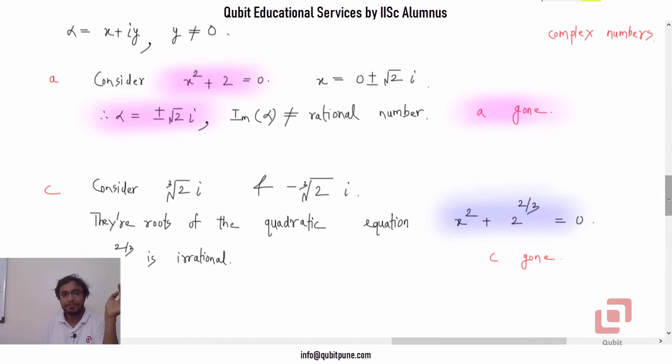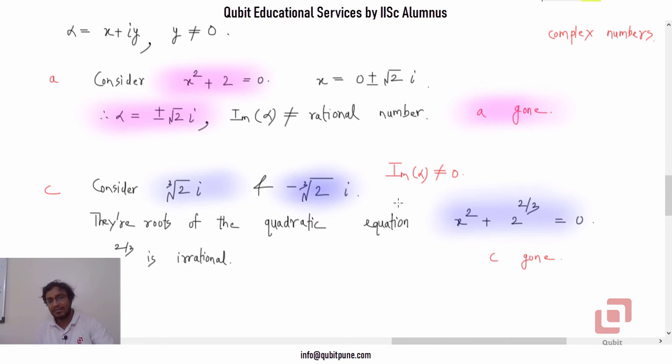So what are the roots of this quadratic equation? The roots are cube root of 2 i and negative of cube root of 2 i. Now these two roots that you see here clearly satisfy the condition given in the problem that the imaginary part of them is not 0.